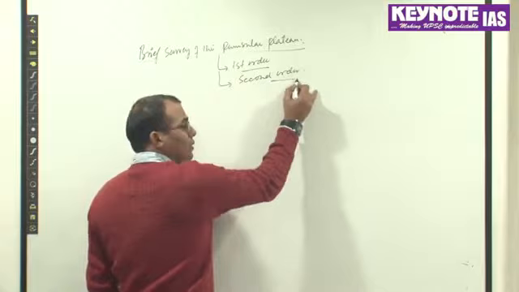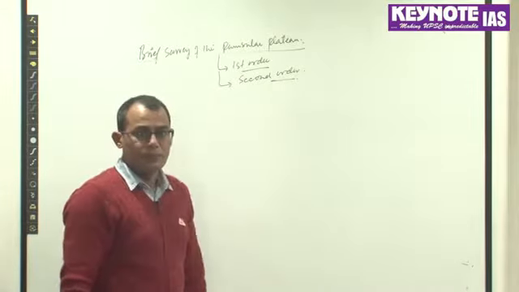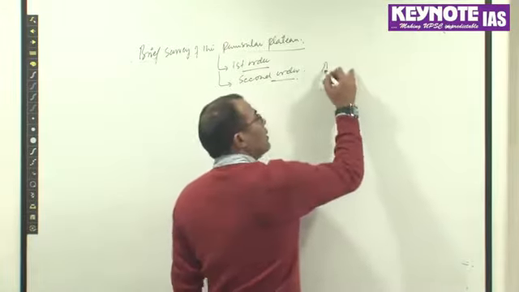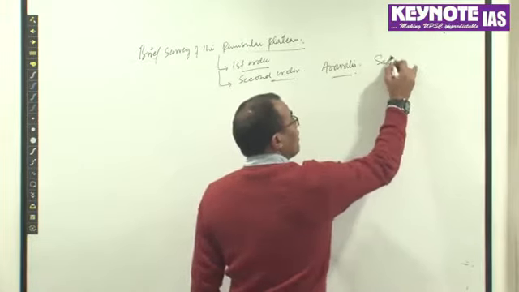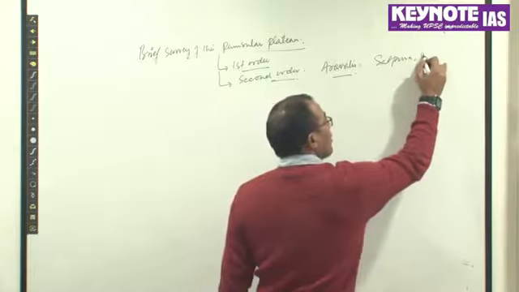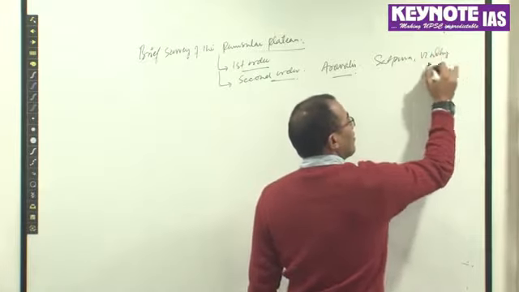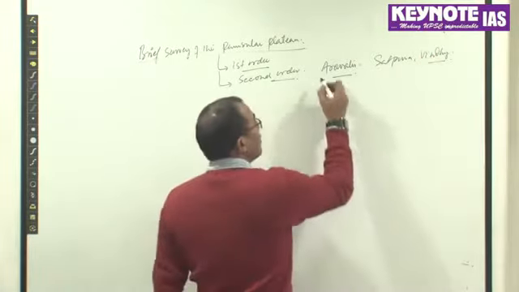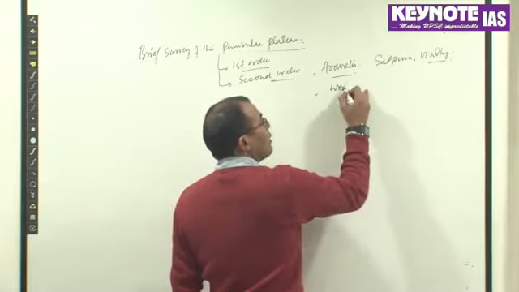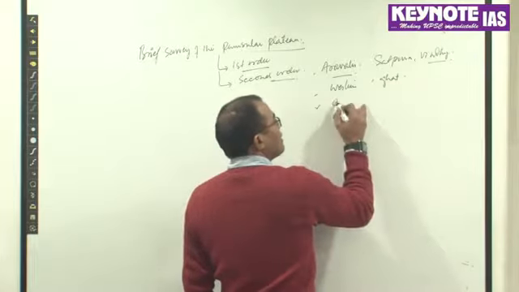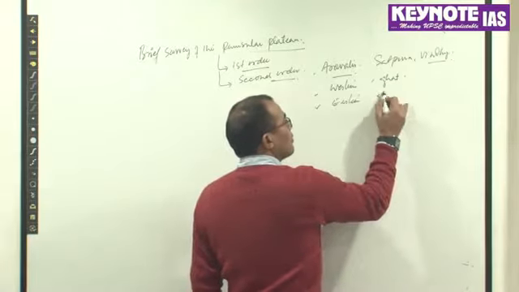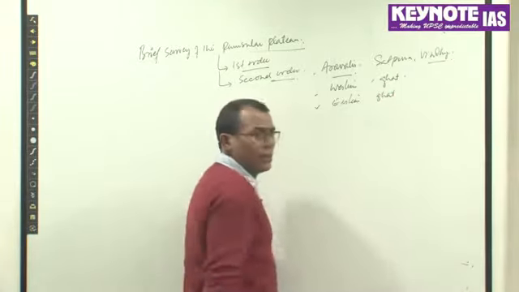What will be the second order areas? Yes. They start with Aravallis, Satpura, Vindhya. Right? Then Western Ghat, Eastern Ghat. These are the second order landforms.